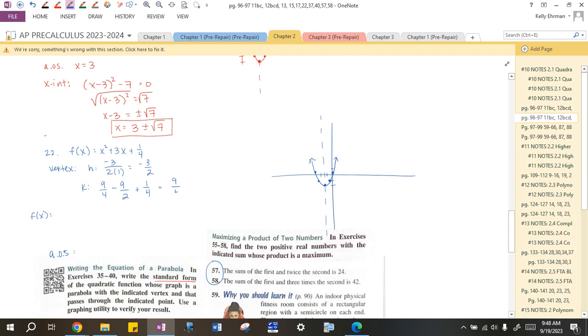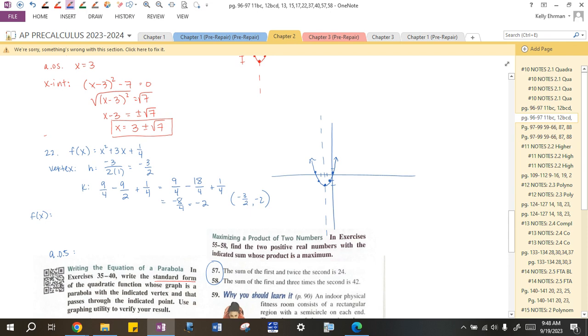Working with fractions, you need them all to have the same denominator. So I'm going to change 9 over 2 to 18 over 4. 9 minus 18 is negative 9, plus 1 is negative 8 over 4, which is actually negative 2. So the vertex is at negative 3 over 2, negative 2.